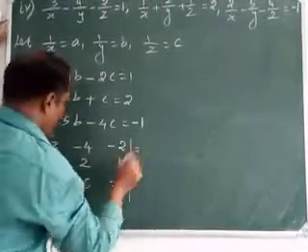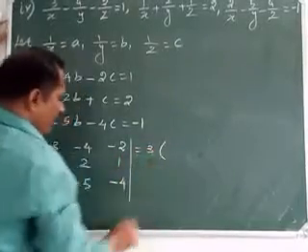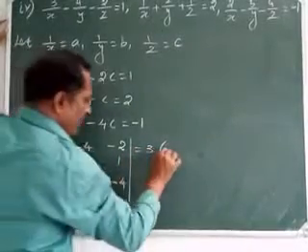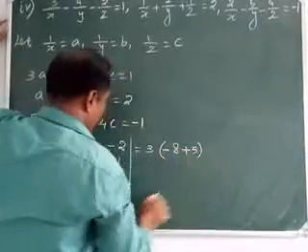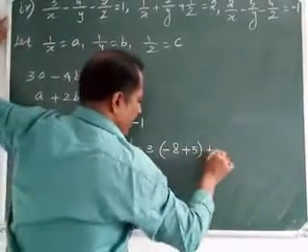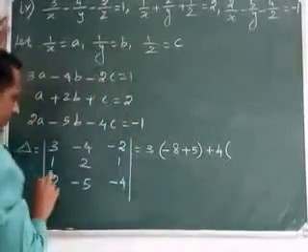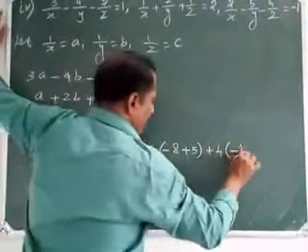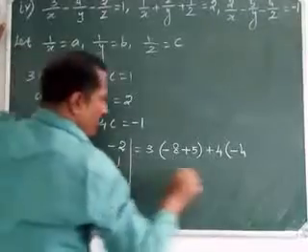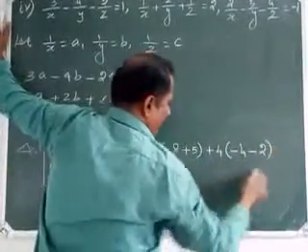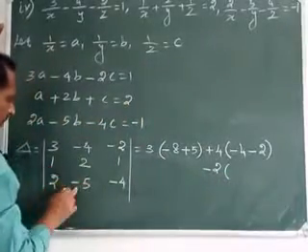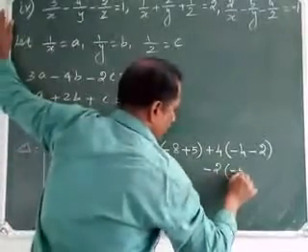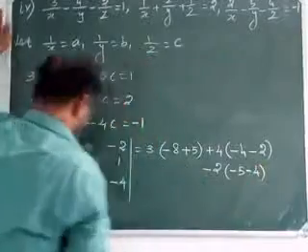Explaining this: 3 into 2 into minus 4 minus 8 minus 5 is coming, you write plus 5. And then the second one, minus of minus 4 into 1 into minus 4 and 2 into 1, 2, that is minus 2. And then next, minus 2 into minus 5, 2 2s are 4, minus 4.